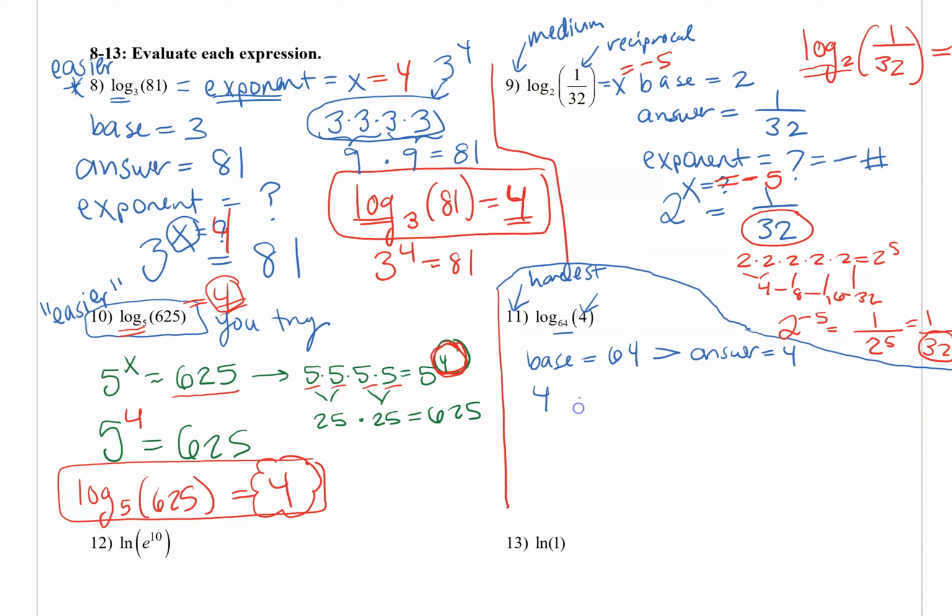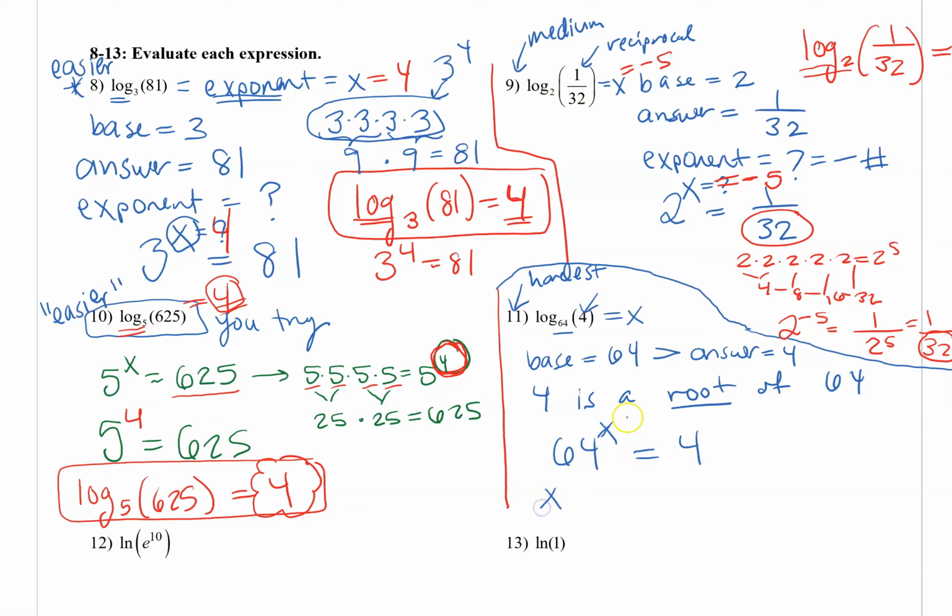That means 4 is a root of 64. That means 4 raised to a certain power is 64, and therefore if I take a root of 64, I get down to 4. So when I'm raising my 64 to the power of x, 64 is the base here. 4 is not the base. 4 is the answer. So I'm raising 64 to the power of x and somehow getting 4.